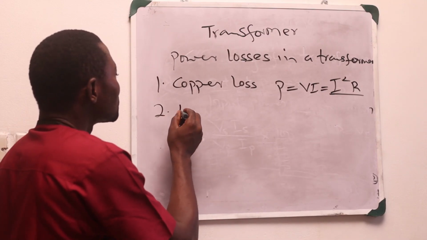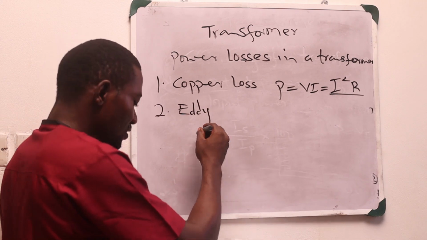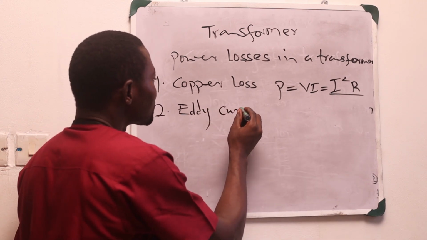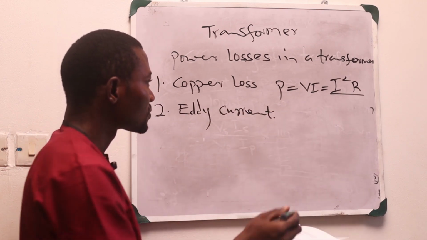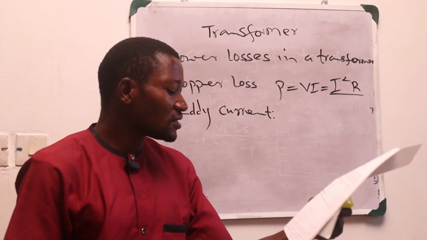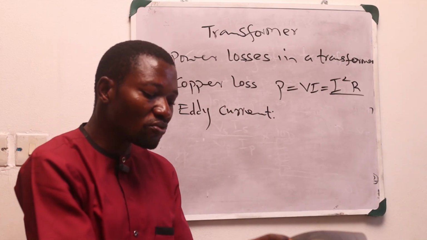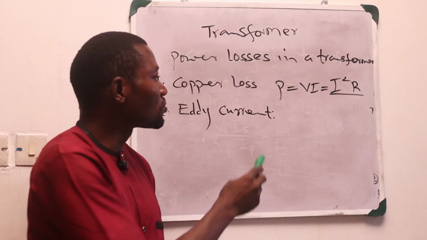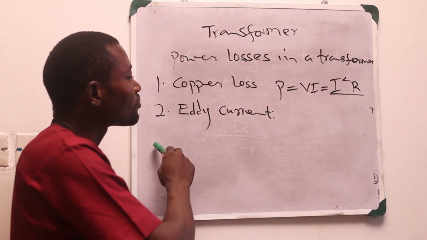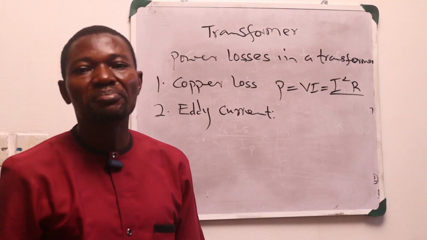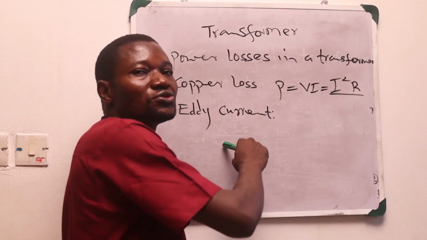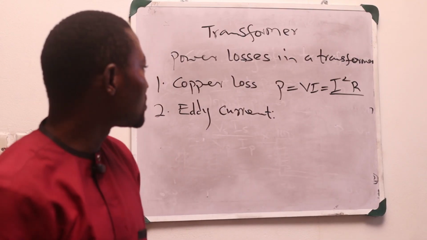The second one is eddy current. And this is concerned with unwanted induced current. I told us earlier that as voltage enters the primary coil, it is induced into the secondary coil.